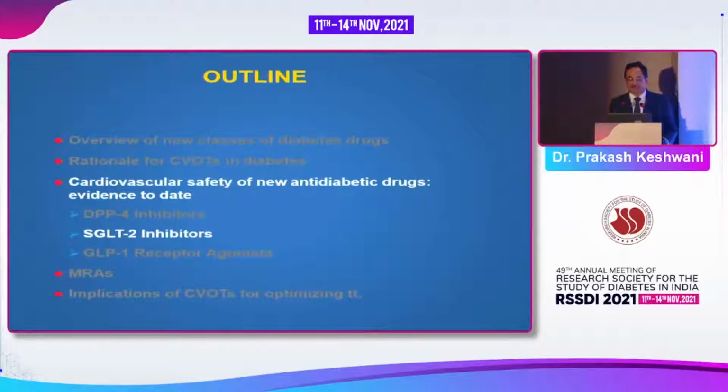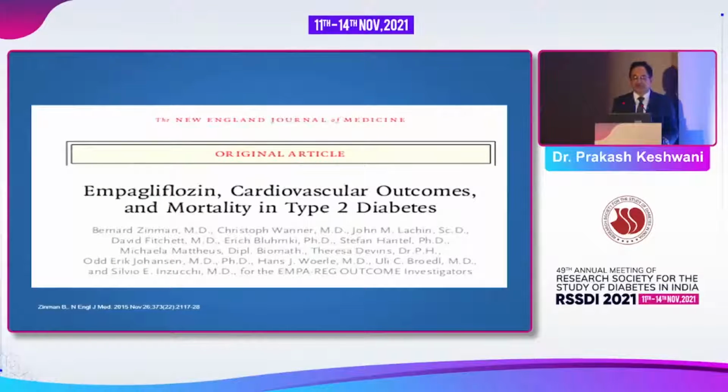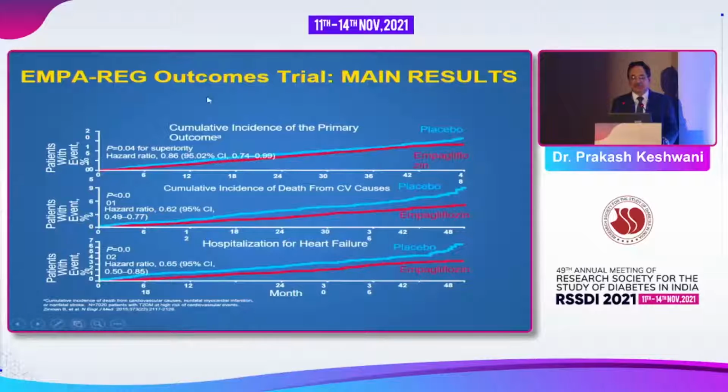Another group of drugs is the SGLT2 inhibitors. Empagliflozin was studied through the EMPA-REG trial, and the results were very surprising, as the patients receiving empagliflozin compared to placebo showed not only non-inferiority, but were found to be superior.